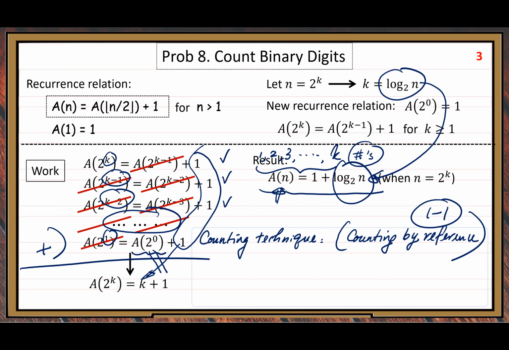How can we fix that gap? That's the next question, because we want to solve this problem completely. So we need to get the answer from the power of 2 case to the general case. That's our next step, the general case.